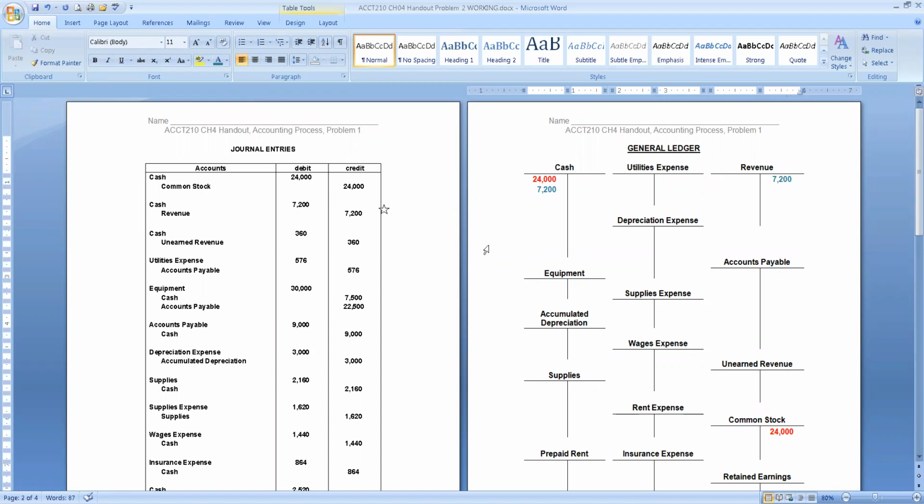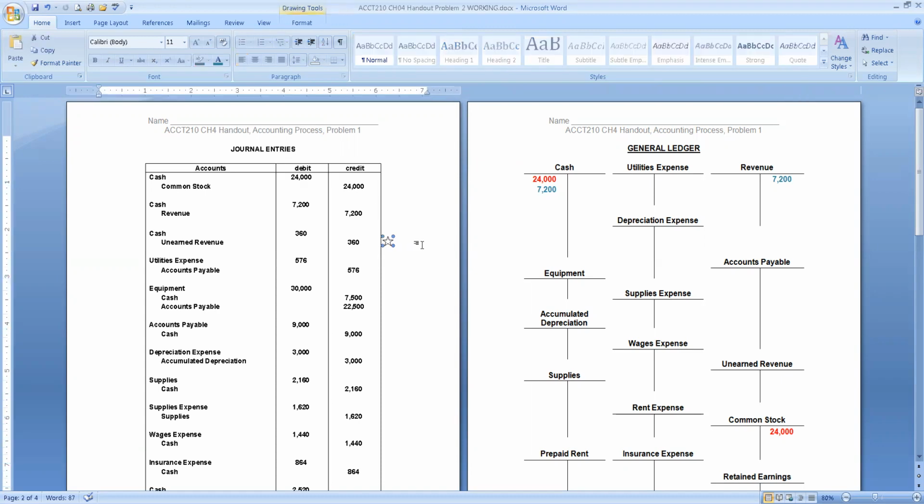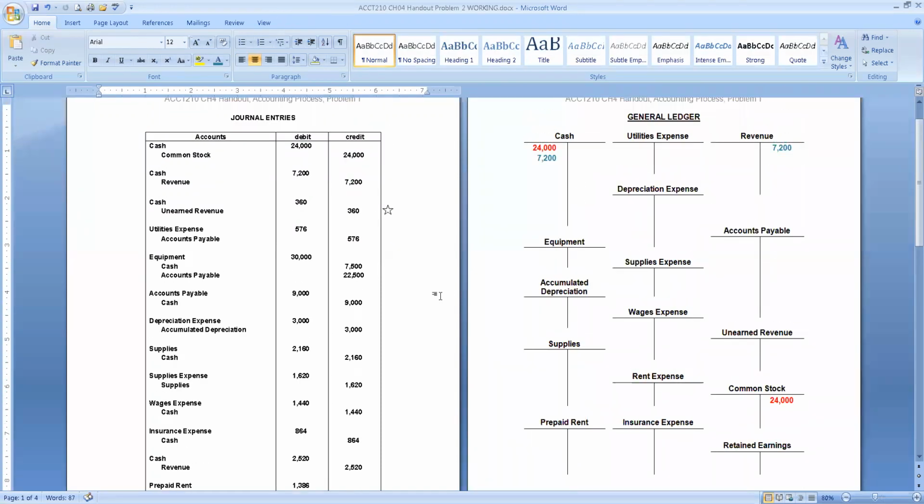When I start doing these in the future, I think I'll just do it this way, so they're all on the same screen, so everyone's not hunting around trying to get your screen set up.